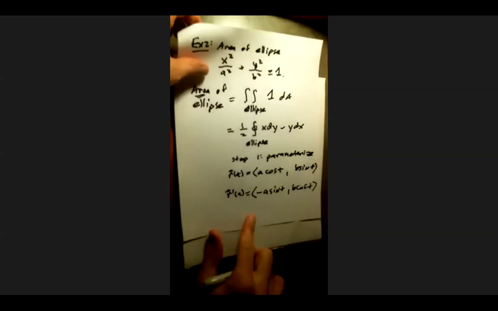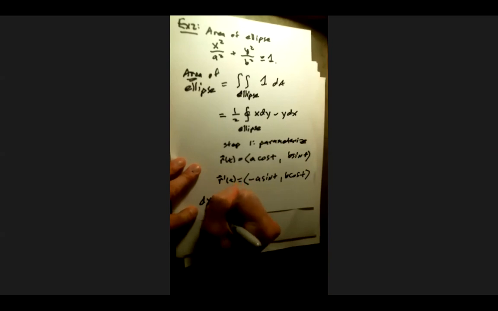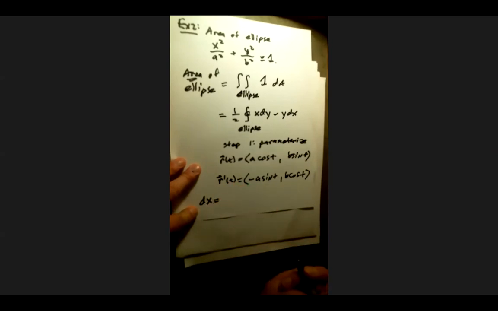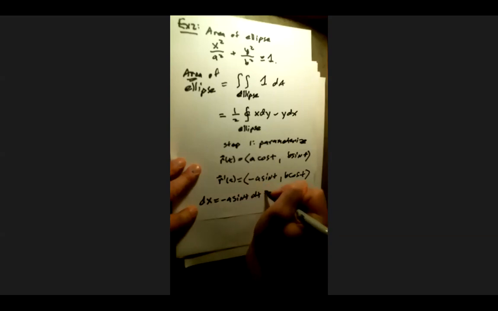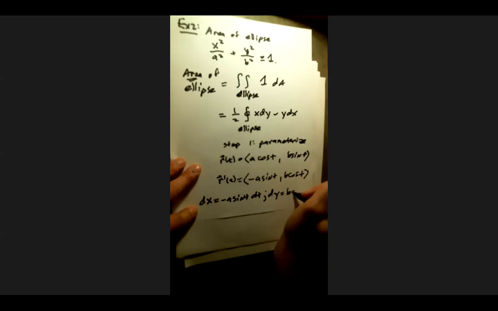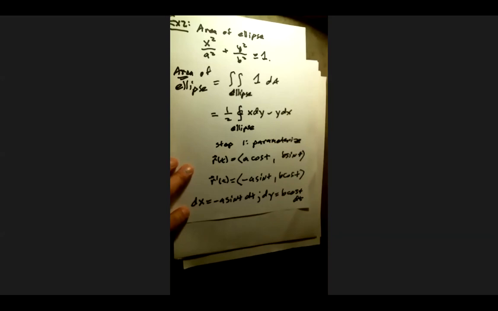Notice that this tells us that dx is equal to what? Negative a sine t dt. And then dy would equal b cosine t dt.